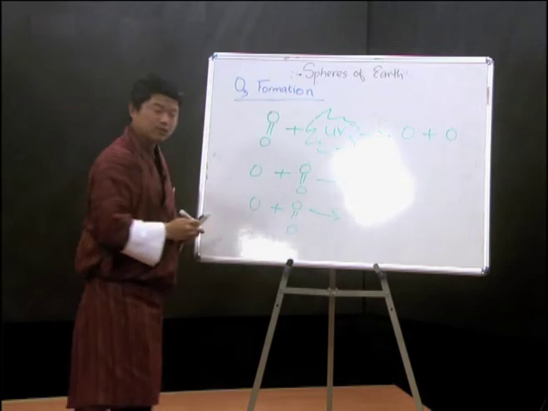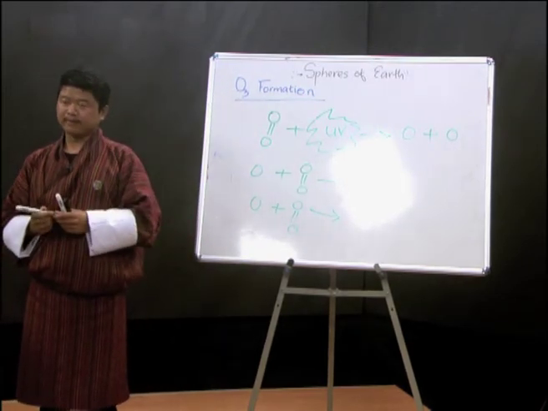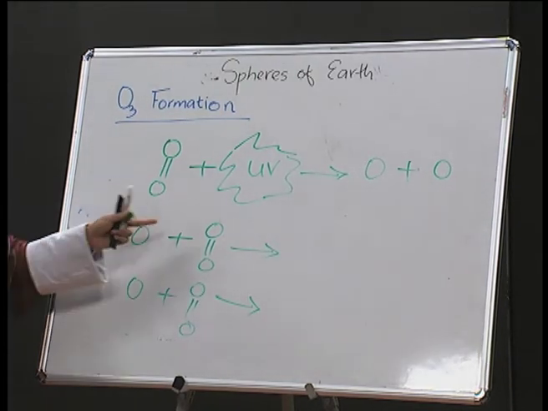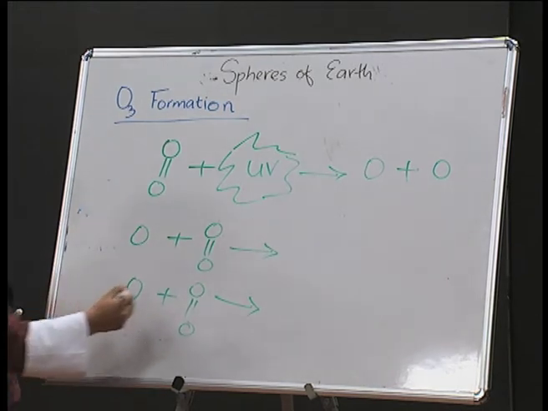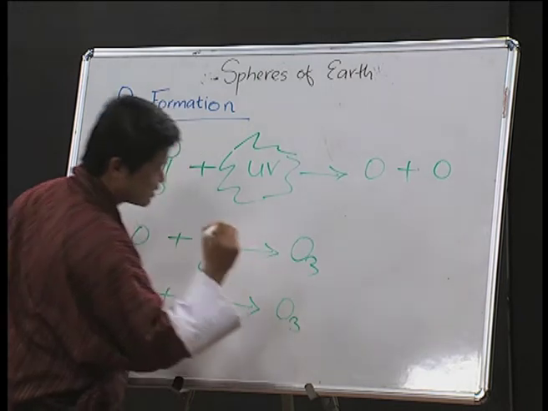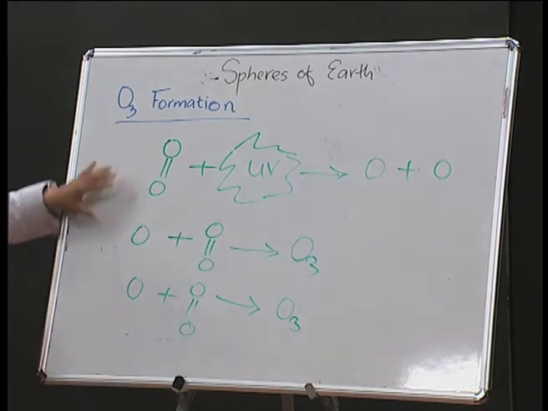Now, may I ask you, what is the end product of this combination or reaction? Exactly, there are 3 oxygen atoms. So, it gives rise to O3, also known as ozone. So, ozone formation basically takes place in these 2 simple steps.